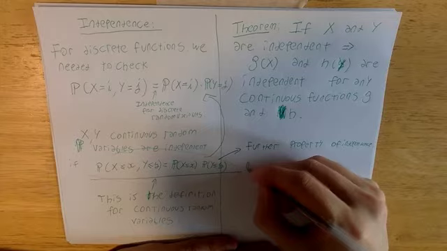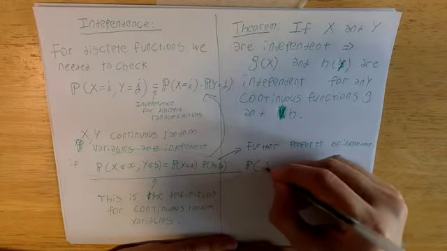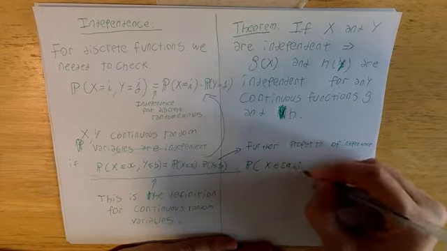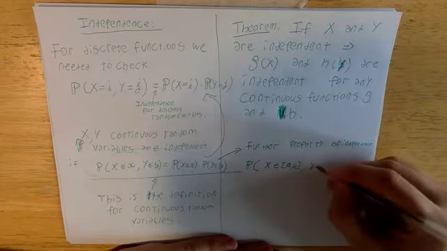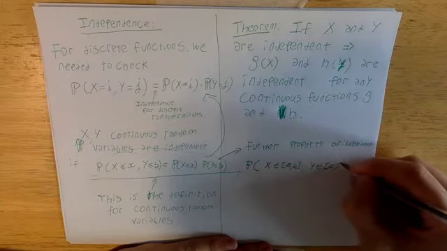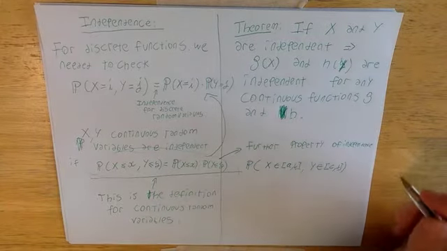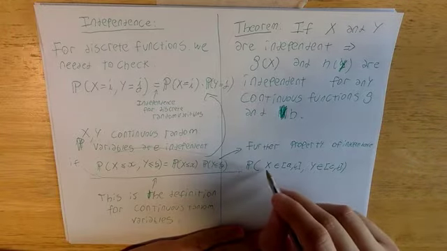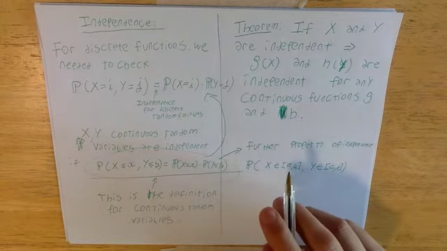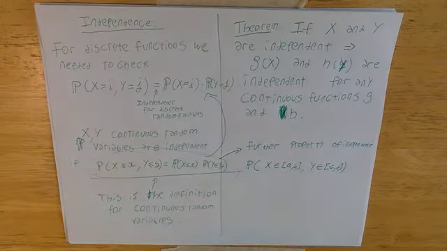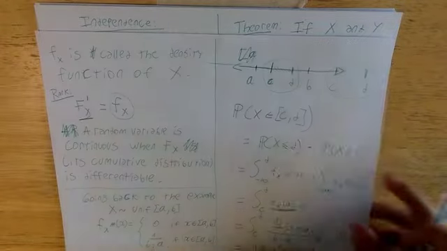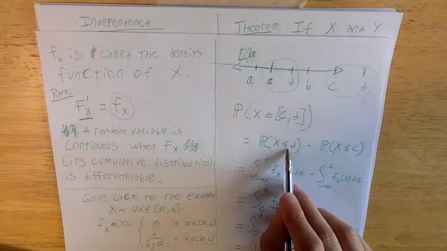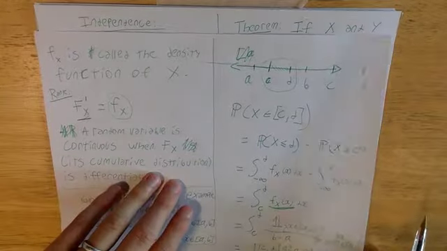So what is the probability that X is in (a, b] intersection the probability that Y is in (c, d]? Now the point is that this can be written as a difference, similarly to what we did here: the probability that X is between c and d is the probability that X is less than d minus the probability that X is less than c.